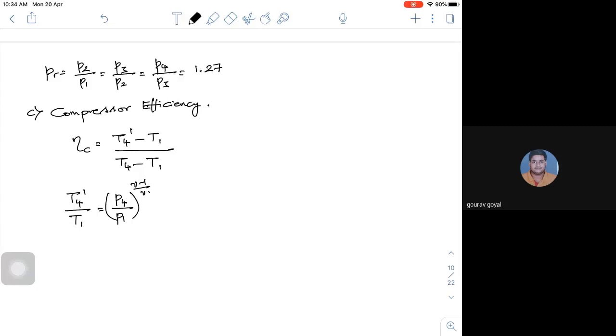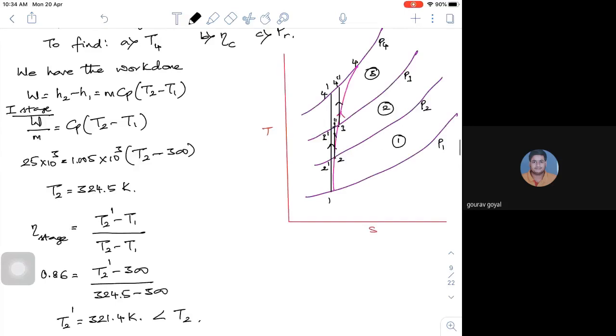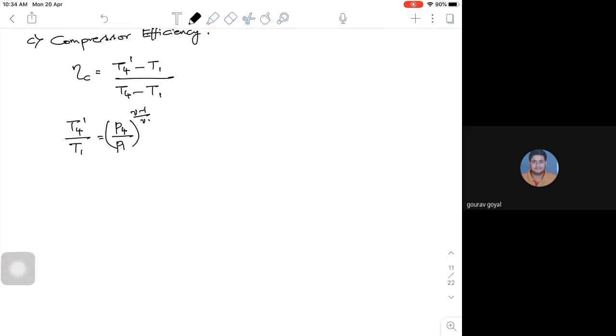If I come to the TS diagram, I am trying to follow the same vertical line from 1 to 4 dash, and 4 dash is less than 4 double dash in terms of temperature. Fine. So considering the isentropic compression process, I can write T4 dash by T1, as per thermodynamics for isentropic compression.